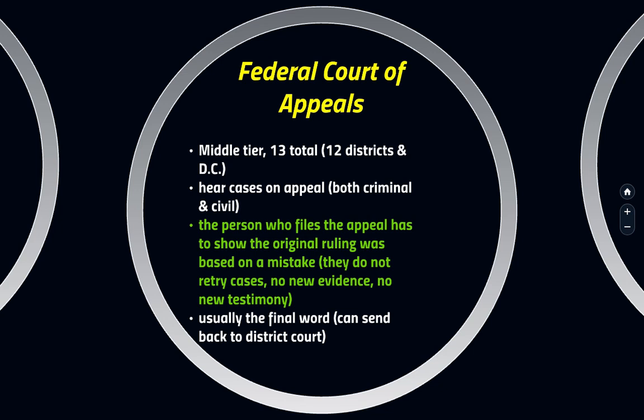They just review the procedures to see if a mistake was made that may have led to a bad decision. Normally this is where the cases end, because most cases don't go to the Supreme Court. Some do, obviously, but the vast majority will not go beyond this level.